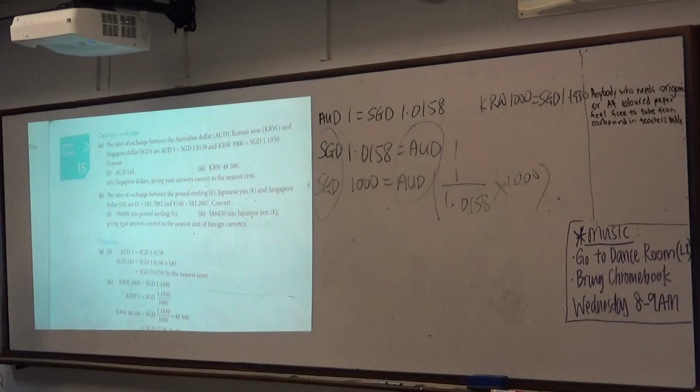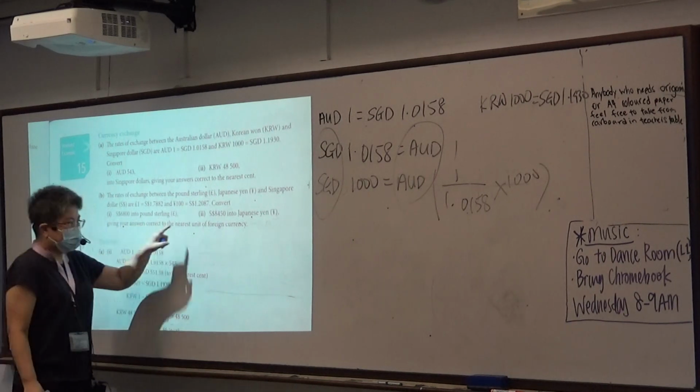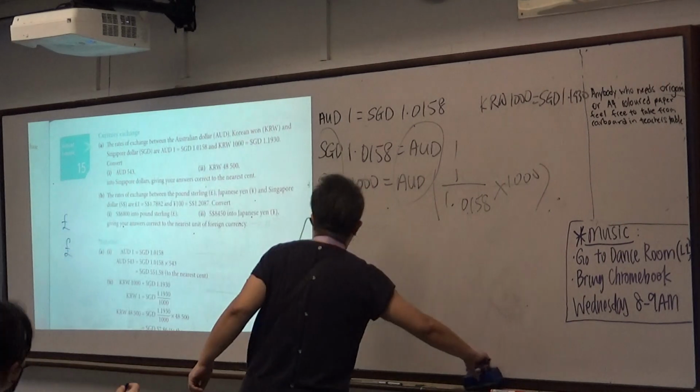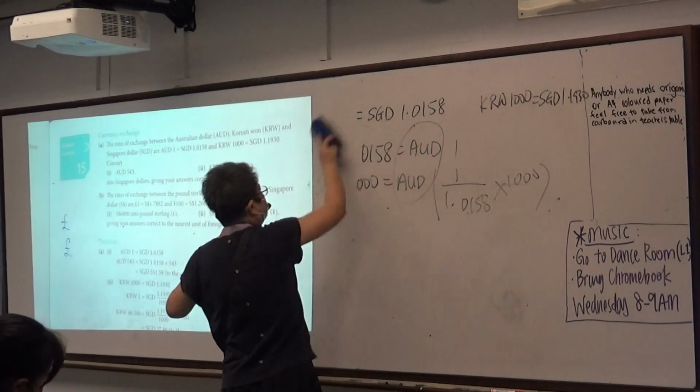The rates of exchange between the pound sterling. Now, pound sterling is written like that. If you don't know, you just follow and we won't mark you for the wrong shape. Pound sterling, Japanese yen and Singapore dollar is like that. Now, convert Singapore dollar to pound sterling.